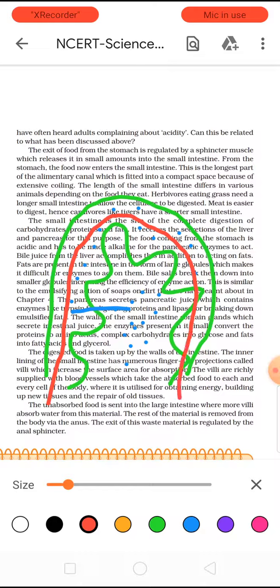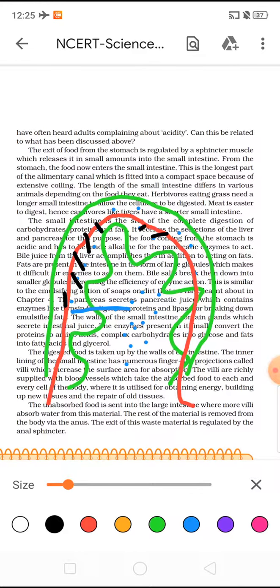This is your blood capillary, that will be inside the villi. So the food will be taken up by these capillaries. Whatever food we are getting, it will be taken up or absorbed by your blood capillaries.